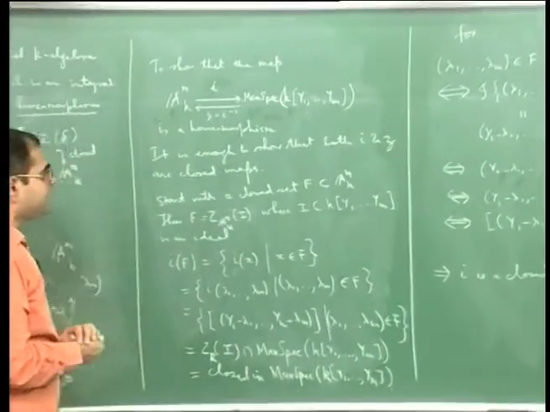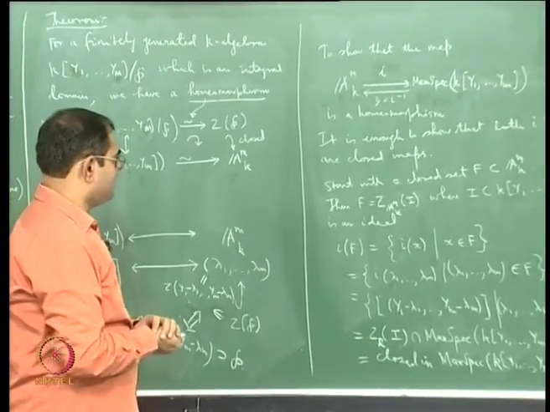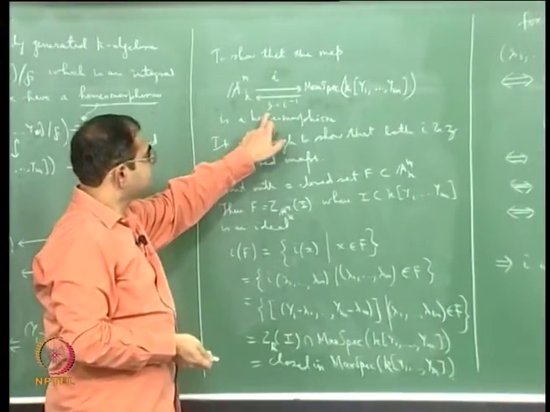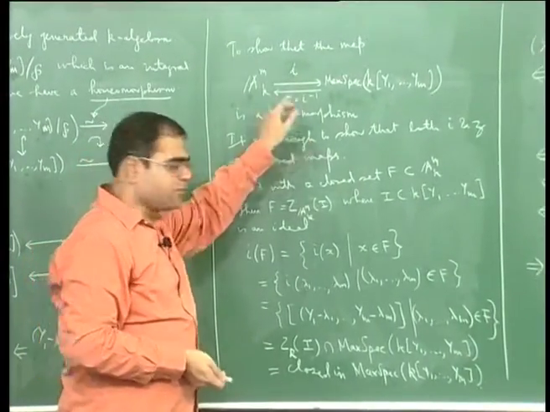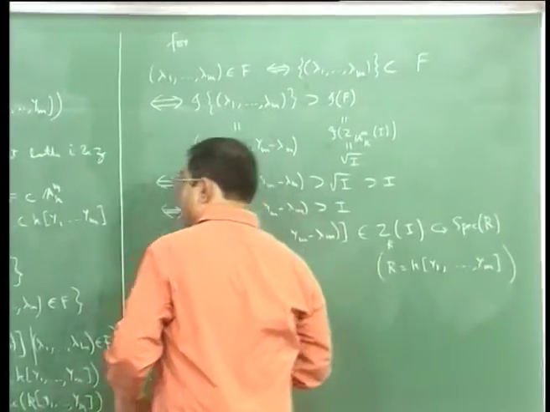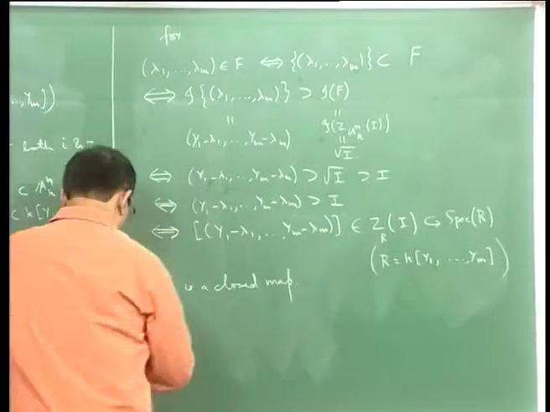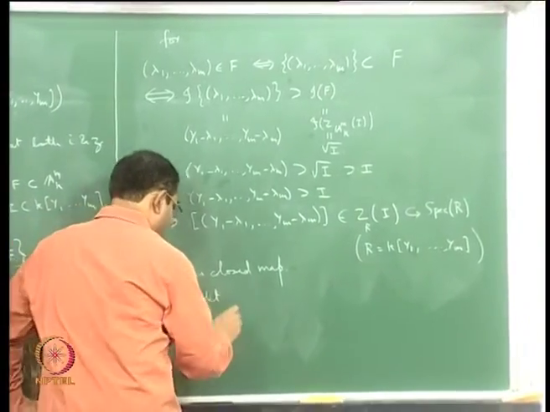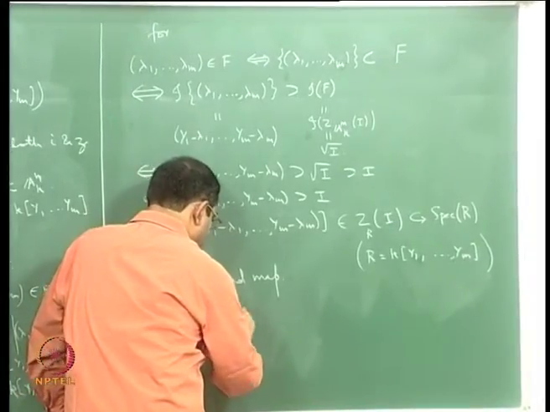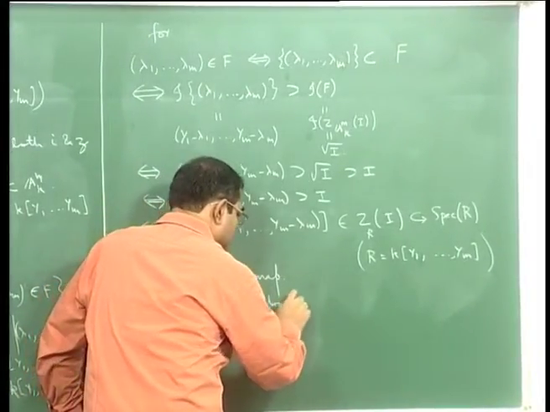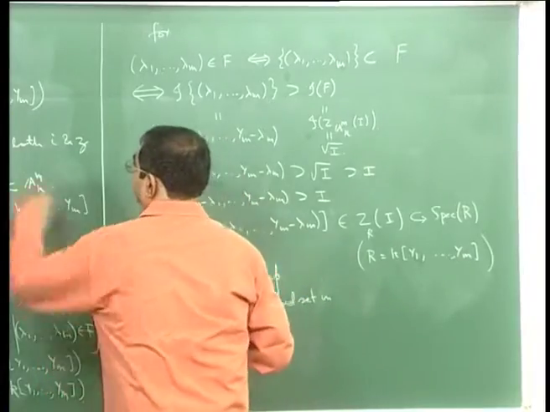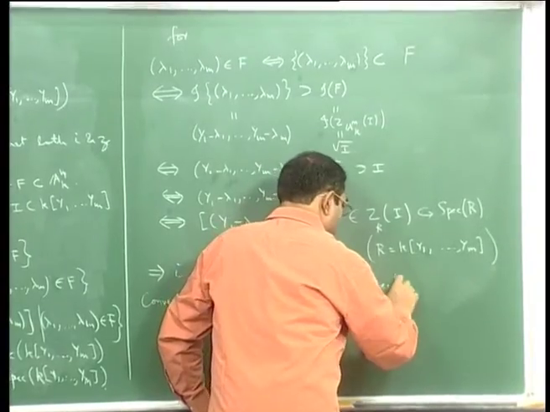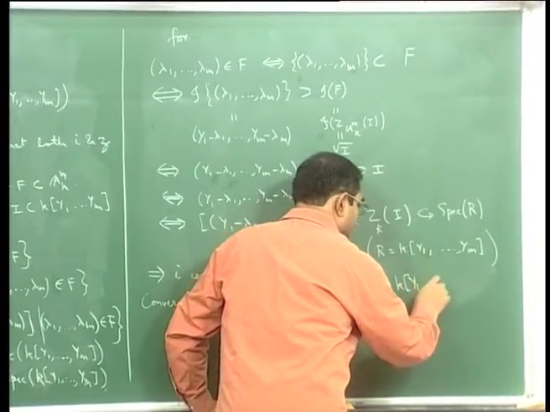and in principle one should be able to reverse this whole argument and show that I inverse, which is Z, is also a closed map. So how will you show that? That's also pretty easy. Conversely, let T be a closed set in max spec k[y1 through ym].